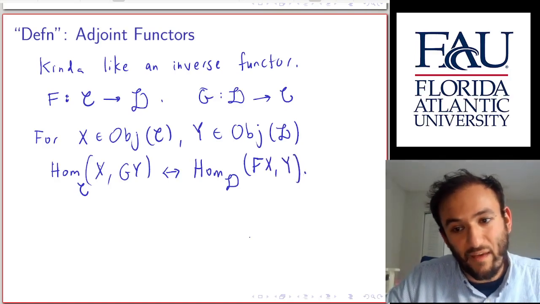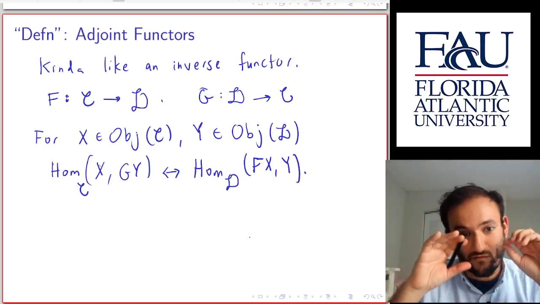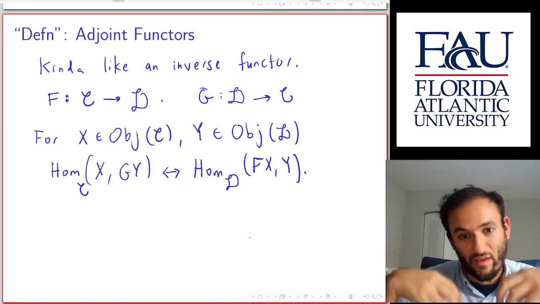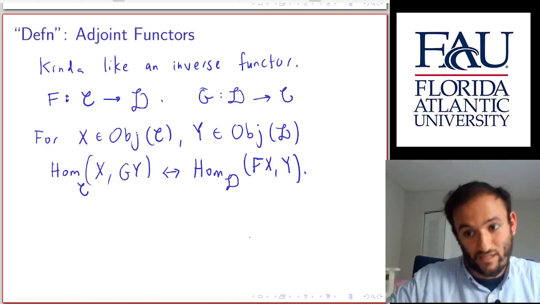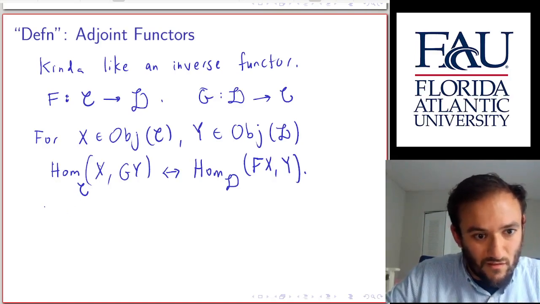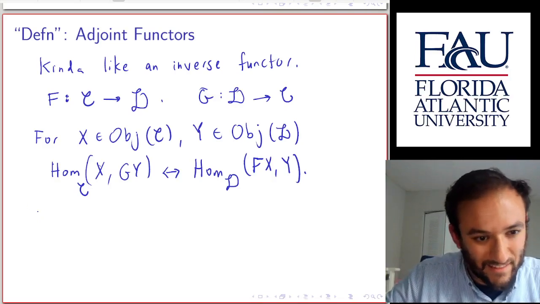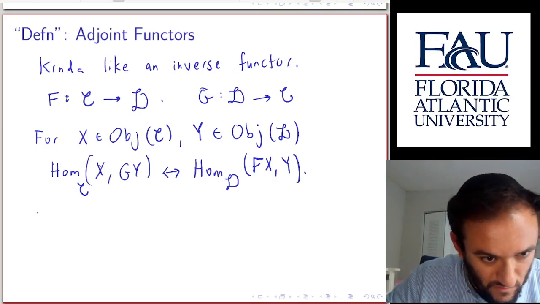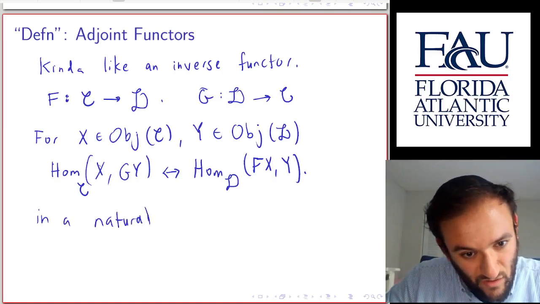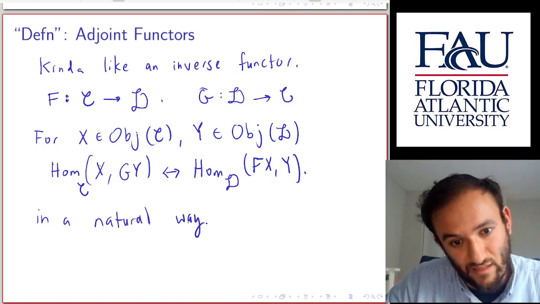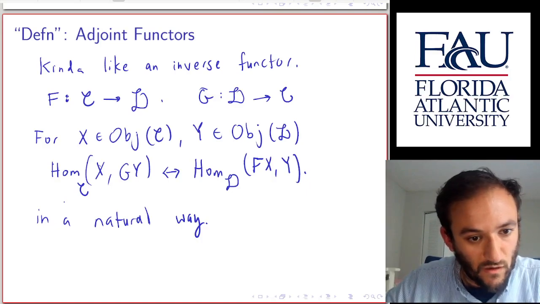So the maps between x and g of y in category C are in bijection with maps from f of x to the object y in category D. And this has to be in a natural way, and that involves describing this hom business as a functor to sets.